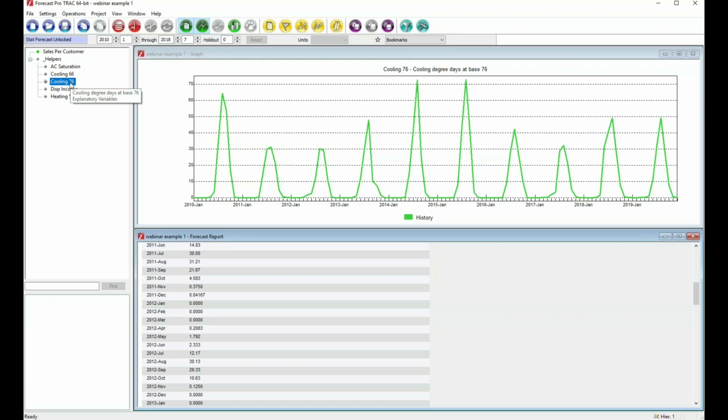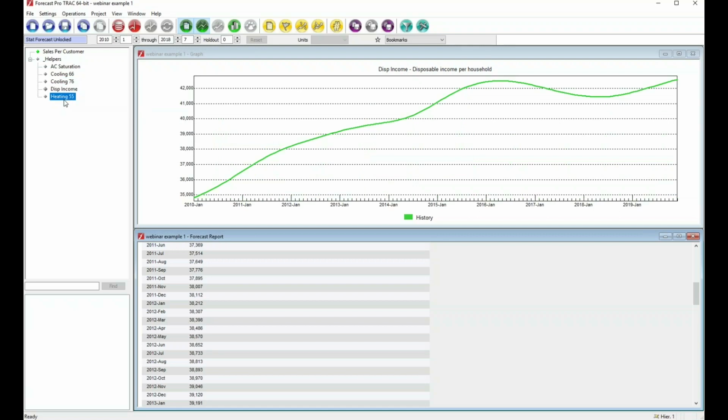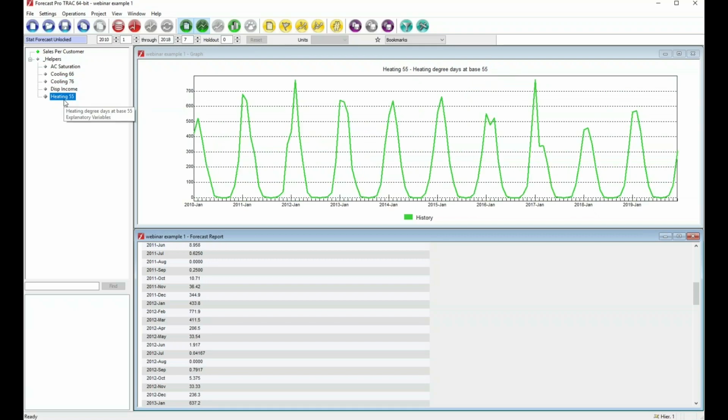We have cooling 76, which is similar to 66, except with 76 as the critical value, disposable income, and then heating 55. So this is similar to the cooling variables, except it's designed to measure when it gets cold. So it's looking at the number of days in a month where the average temperature is below 55, and also reflecting how far below 55 it is.